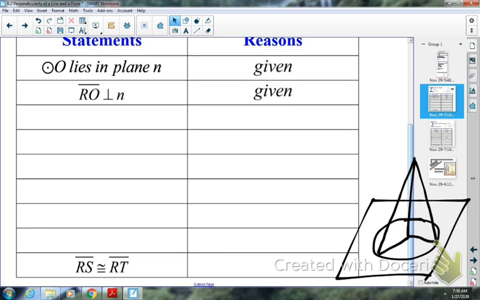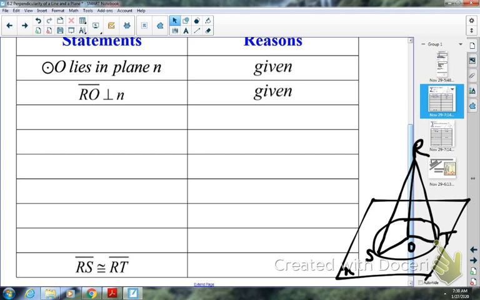Okay, so again, this is R, O, T, S, and this is plane N. So again, we know that we have circle O in plane N, and that segment RO is perpendicular to plane N. So again, what we just went over, if a line is perpendicular to a plane, then it's perpendicular to every line in the plane that passes through the foot.